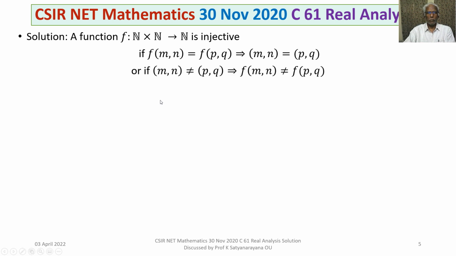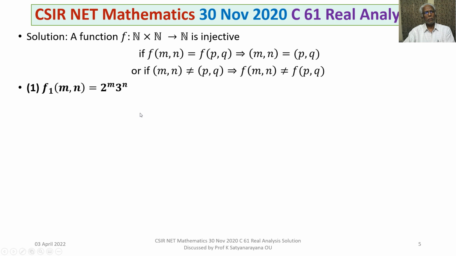Or, in other words, if the ordered pair m comma n is not equal to the ordered pair p comma q, then f of m comma n is not equal to f of p comma q.